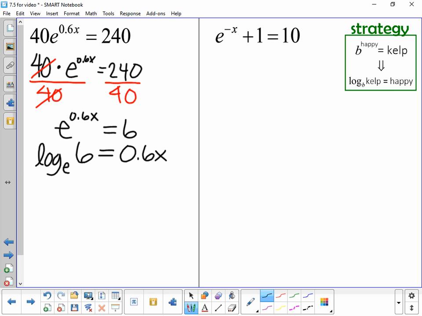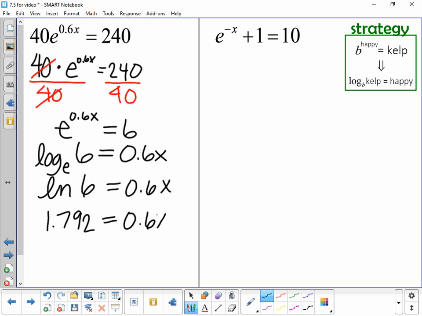We don't often see a log written with a base e, because hopefully you remember that that is usually written as the natural log. The natural log of 6 is 0.6x. Well, our calculator can calculate that natural log quite easily. So the natural log of 6, my calculator tells me, is about 1.792. That's equal to 0.6x.